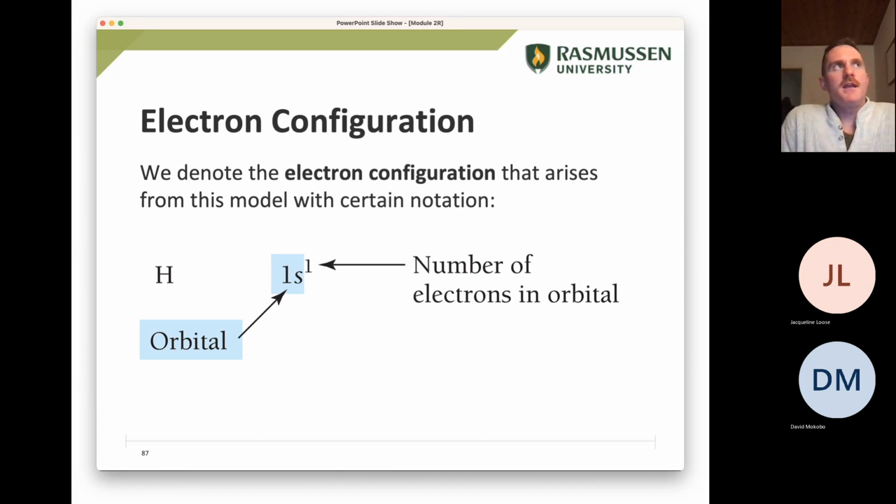So when we talk about an atom and we want to talk about the energies of its electrons, the best way to do so is using something called an electron configuration. An electron configuration basically just says what orbitals are populated with electrons. And the simplest would be for hydrogen. Hydrogen, if you go to the periodic table, it's element 1, has 1 proton.